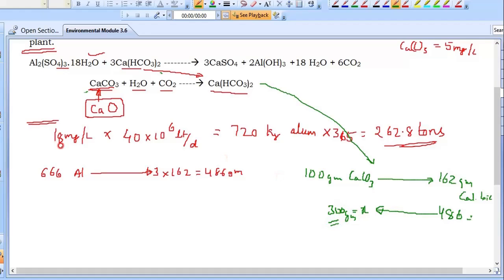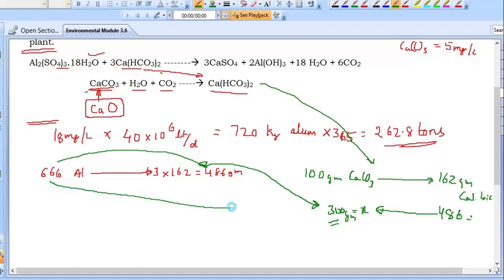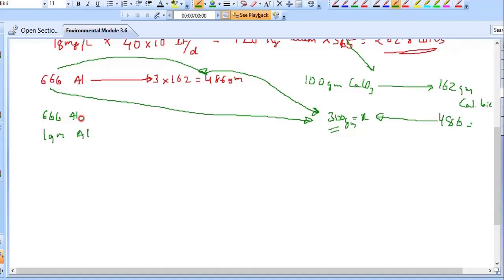See here, the relation is very easy. 666 gram of alum requires 486 gram of calcium bicarbonate, but to produce 486 gram of calcium bicarbonate, we want 300 gram of calcium carbonate. Means we can tell that 666 gram of alum requires 300 gram of CaCO3.